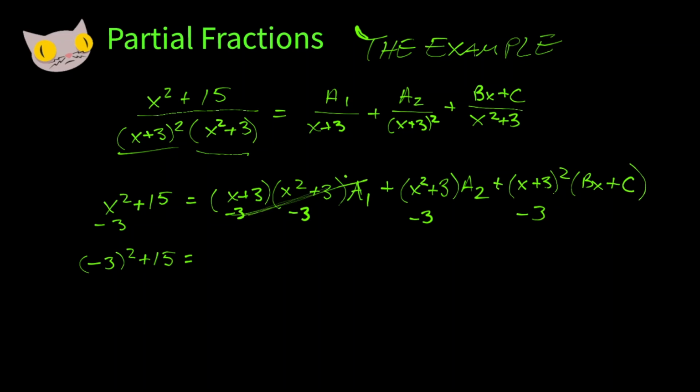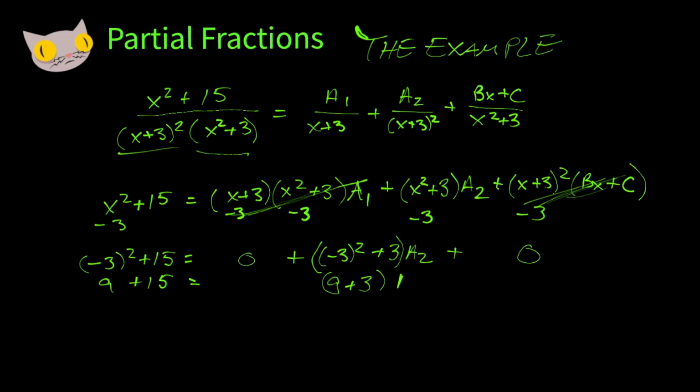So we can ignore that. 0 plus, now we have negative 3 squared plus 3 times a2, plus, now this is going to be a 0 as well. 0 squared, still 0. Cross it out. Now we have 9 plus 15 is equal to 9 plus 3 a2.